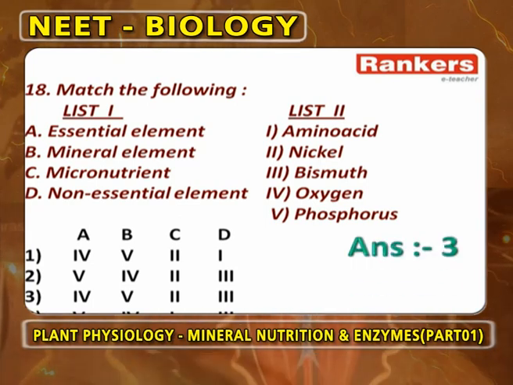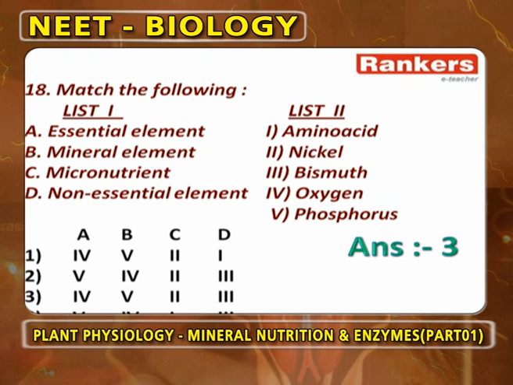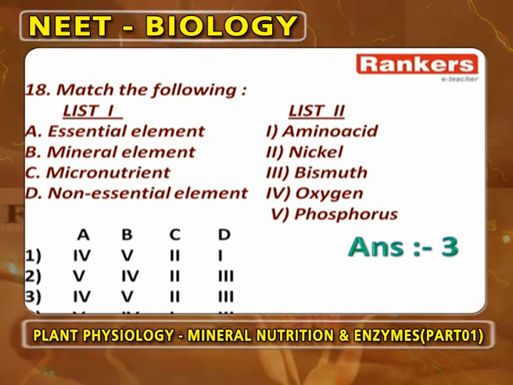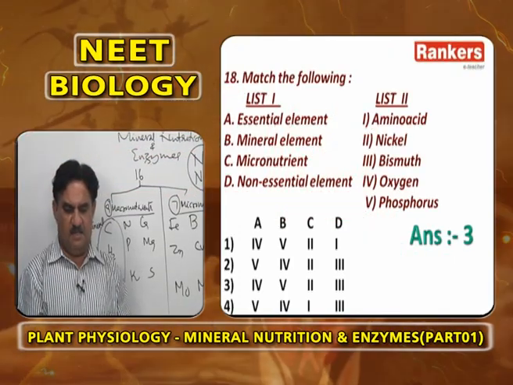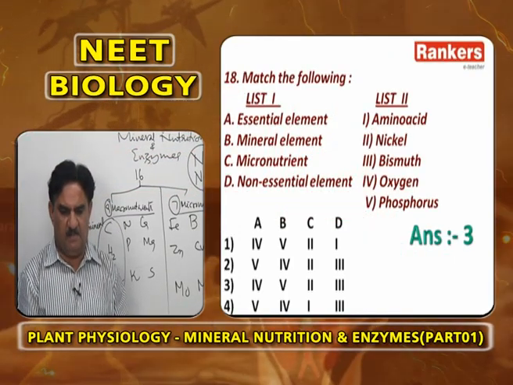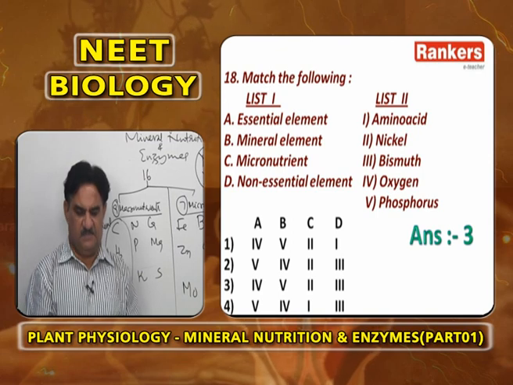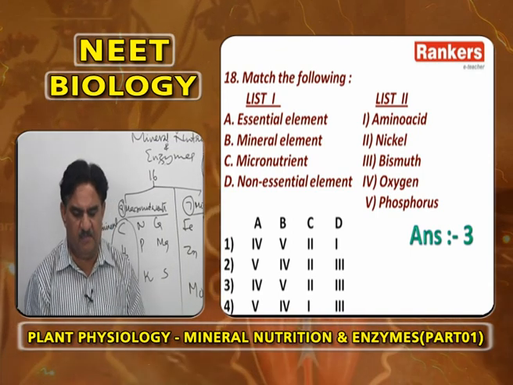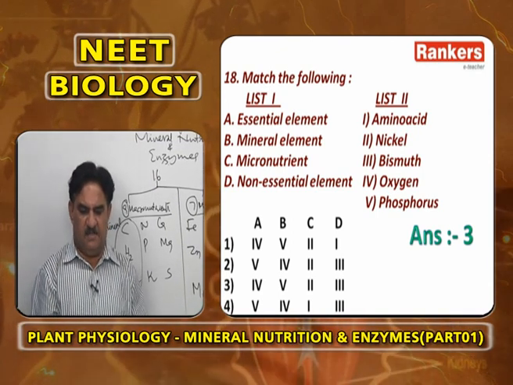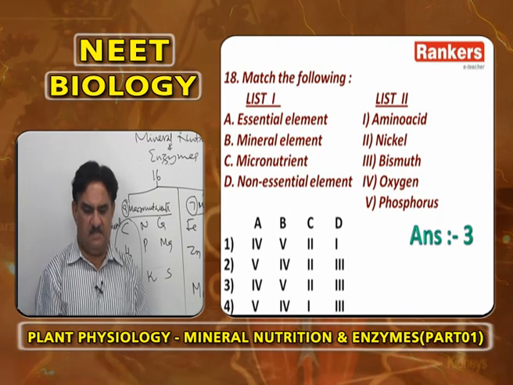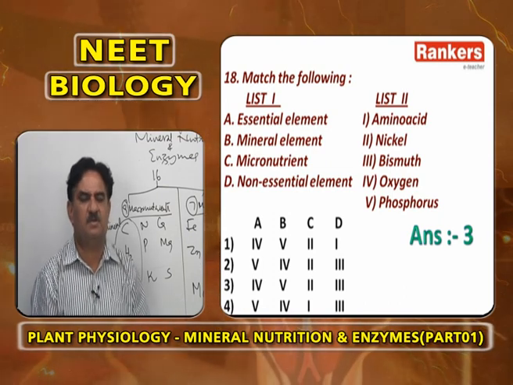Match the following: list 1, list 2. Essential element, mineral element, micronutrient, non-essential element. Mineral essential element, here answer is 3, A4. Essential element, oxygen. Mineral element is phosphorus, that is B5. Micronutrient, recently discovered micronutrient is nickel, so 2.